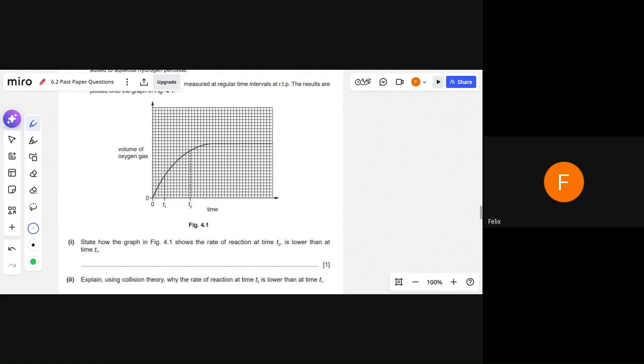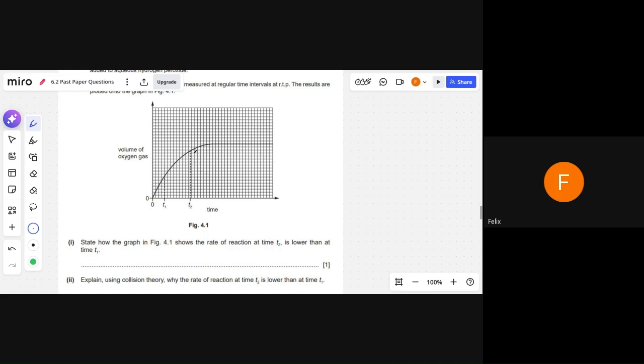Show how the graph in figure 4.1 shows the rate of reaction at time t2 is lower than at time t1.